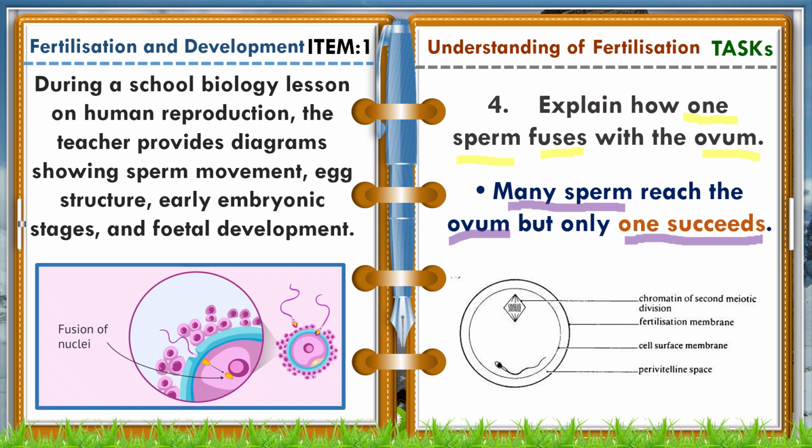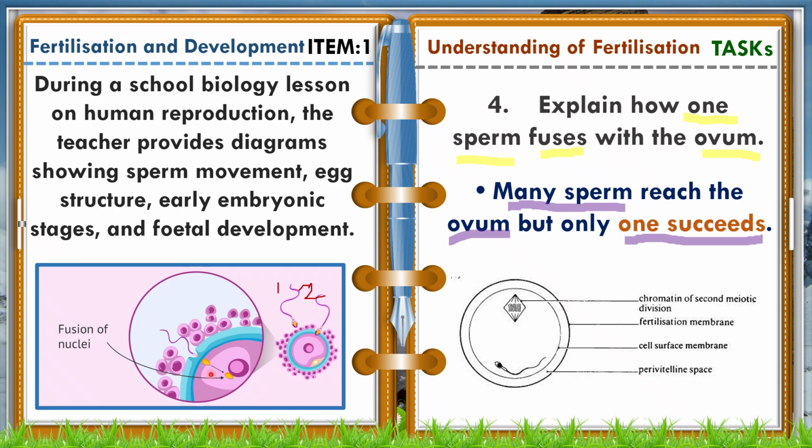For example, if we look here, we can see that there is sperm 1, there is sperm 2. So when you look at them, you will see that sperm 1 is the one that is able to first hit the membrane, and it is the one which has become successful, so it will be allowed to enter.